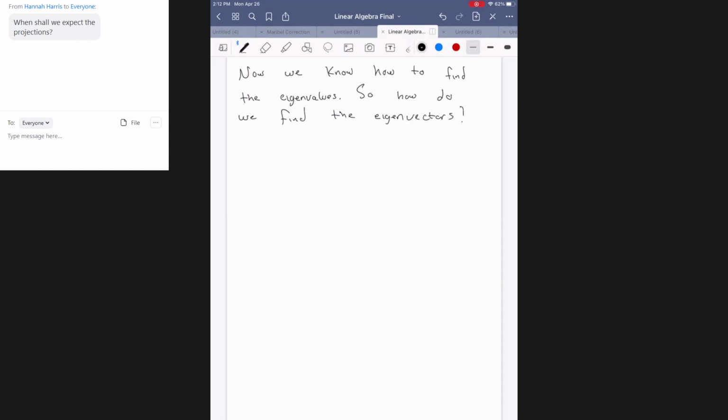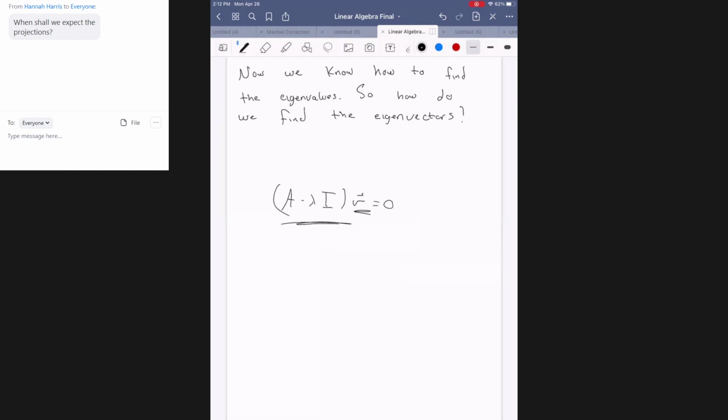Well, it's as simple as this: once you find your eigenvalues, you just plug them back into the original equation, A minus lambda I times v is equal to 0, right? Now you know what your matrix is, so you know how to solve for that. That's just stuff we did in chapter 1, RREFing down to reduced row echelon form and expressing your solution in coordinates or in vector form.